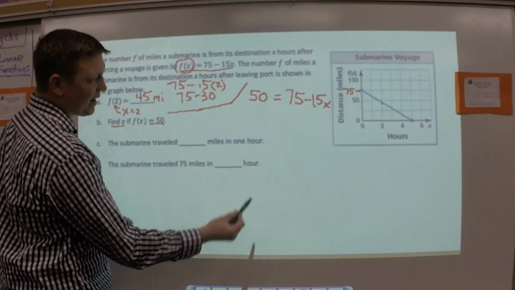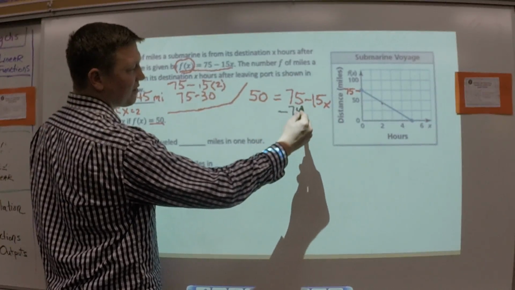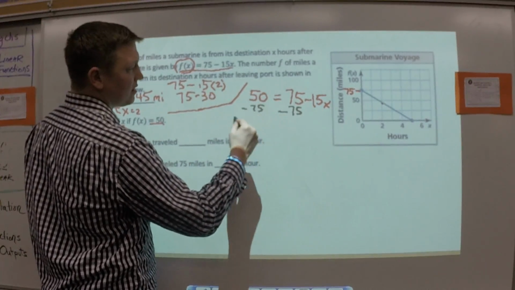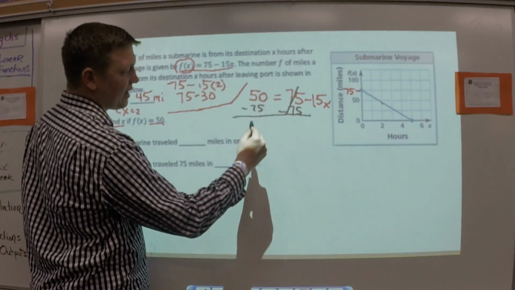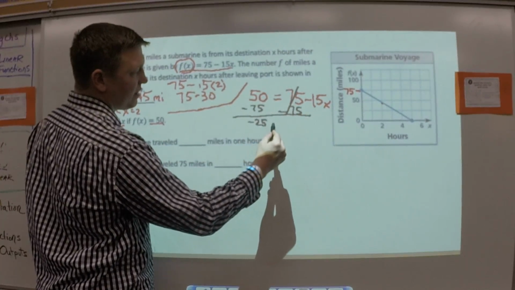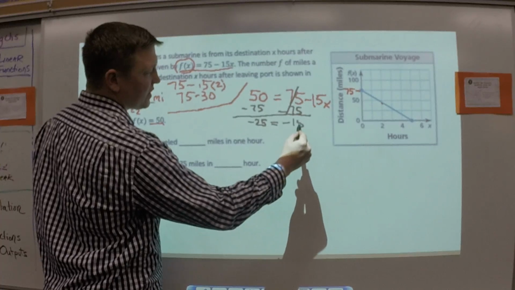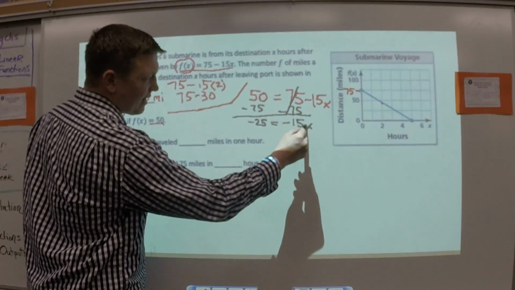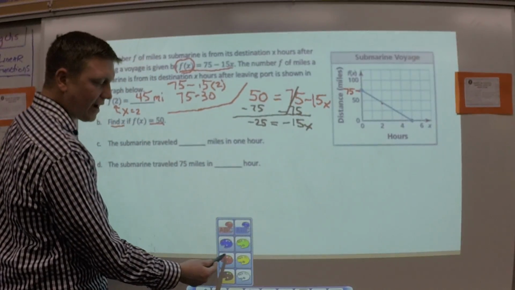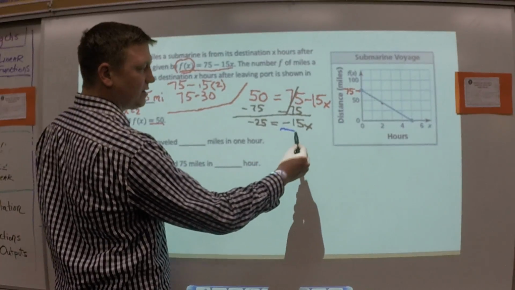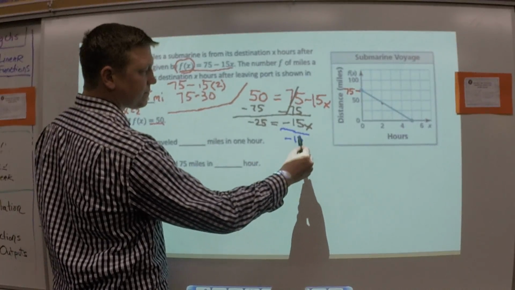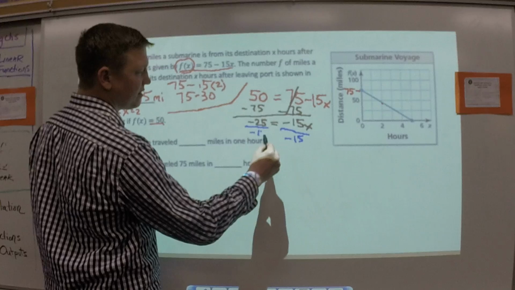So we're going to solve by subtracting 75 from both sides. These cancel out, and I get negative 25 equals negative 15x. Then I divide by negative 15. I'm solving for x, trying to get it by itself. So I divide by negative 15, divide by negative 15.